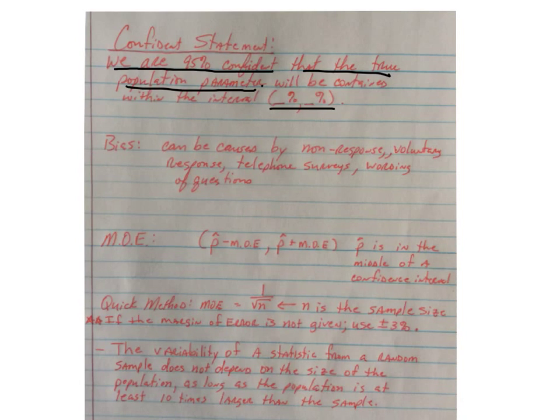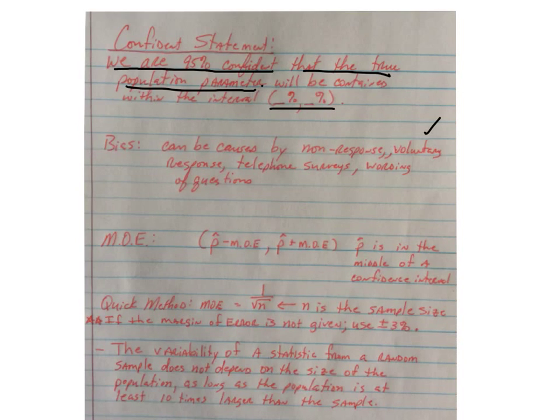Now, bias can be caused by non-response. It can be caused by voluntary response, telephone surveys, and the wording of a question. If you notice, these are like we studied, or what I just put in the first page. These are non-sampling errors: non-response, voluntary response, telephone surveys.